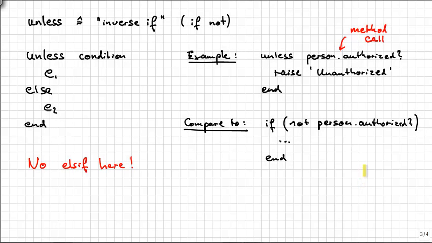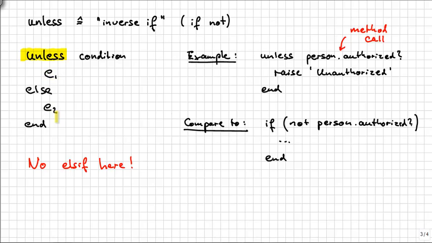If you find yourself writing negative conditions often, such as if not something, Ruby offers a shorthand for this called unless. So this says unless the condition holds execute E1, else execute E2.